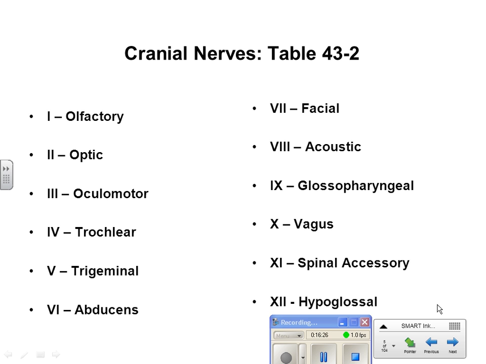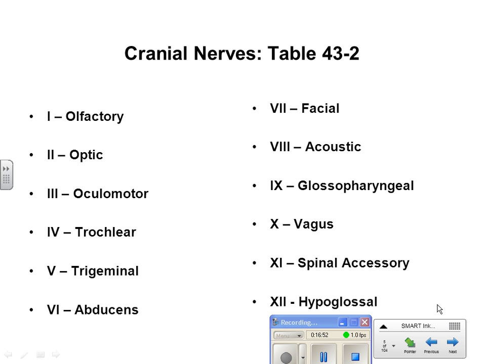How about trigeminal? Sensory or motor? It's both. The sensory part of the trigeminal nerve is your corneal reflexes, your face, scalp, and mucous membranes.